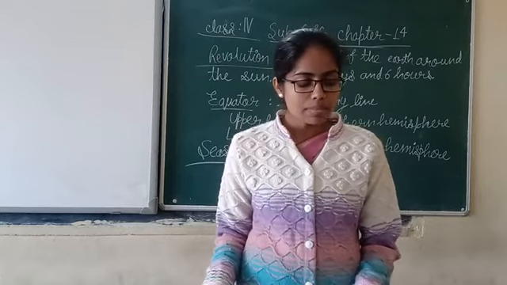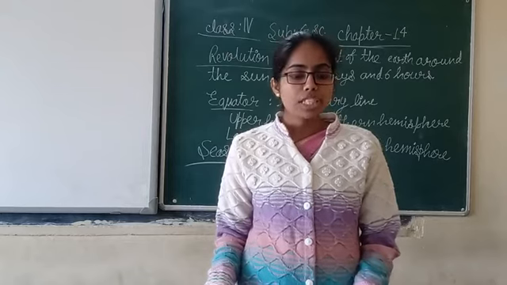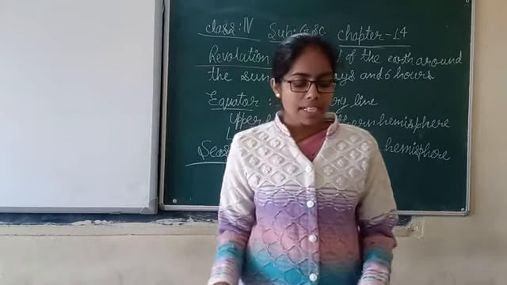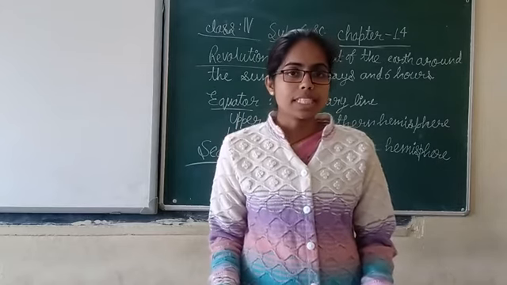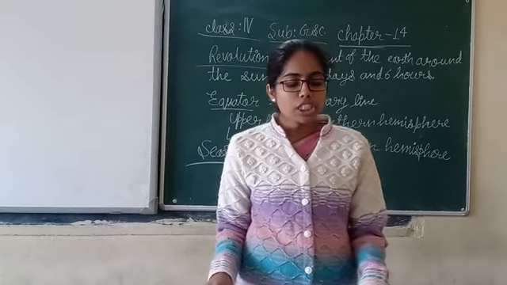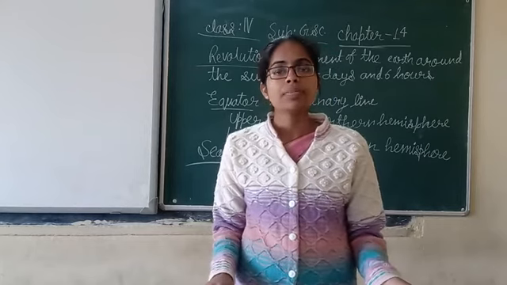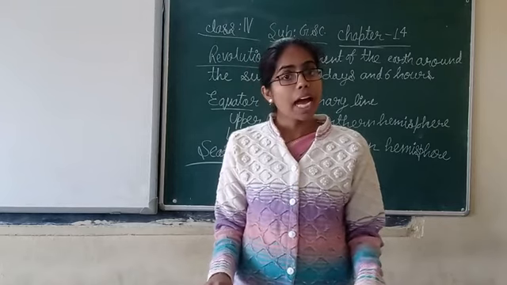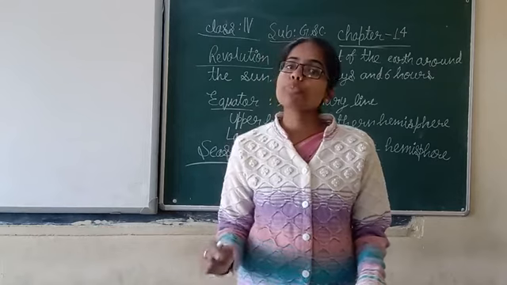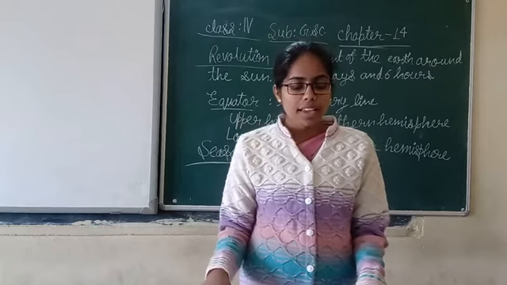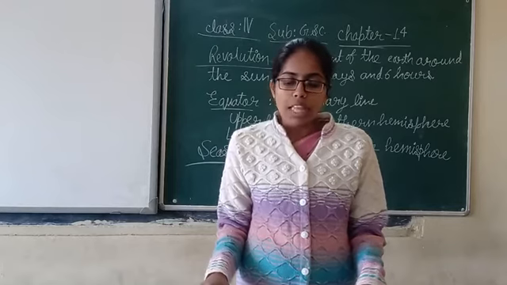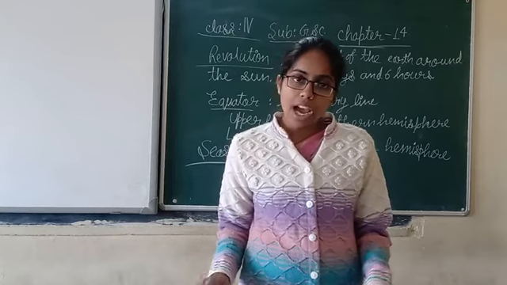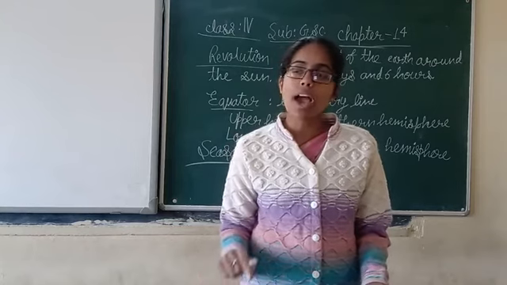For 6 months. The part tilted towards the sun has hot seasons and the other part has cold season. In other words, when the northern hemisphere has summer, the southern hemisphere has winter. Again, after 6 months, the position of the earth changes, and now the half which had summer has winter, and the half which had winter has summer.